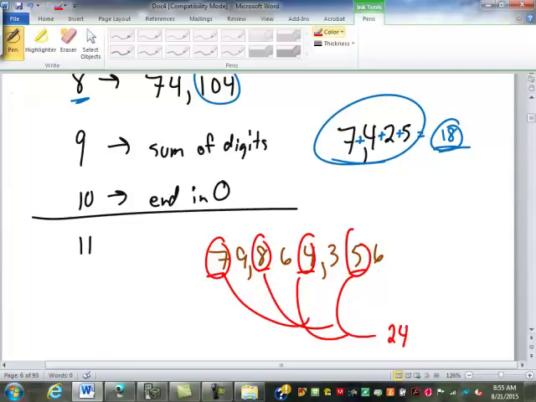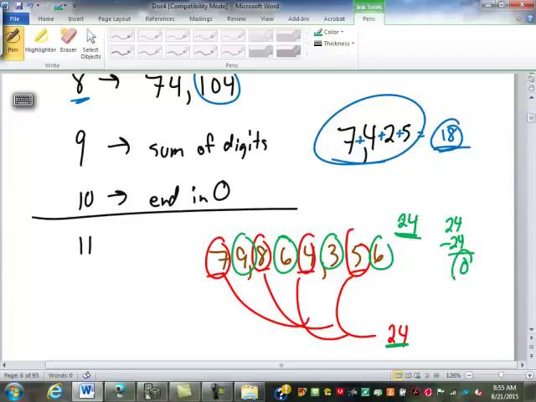Then I take the other digits that are left and I add them up. 9 plus 6 plus 3 plus 6, 24. I take those two numbers and I subtract them. 24 minus 24 is 0. If that number, when I subtract those totals, is either 0 or divisible by 11, the whole number is divisible by 11. This number is divisible by 11 because that difference is 0.